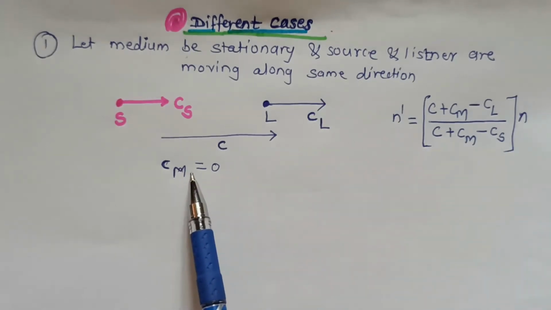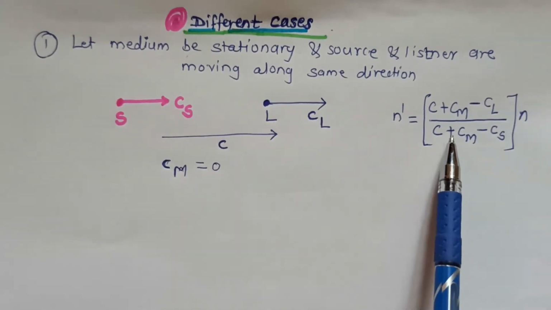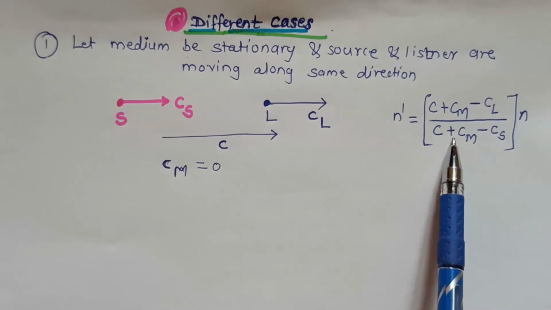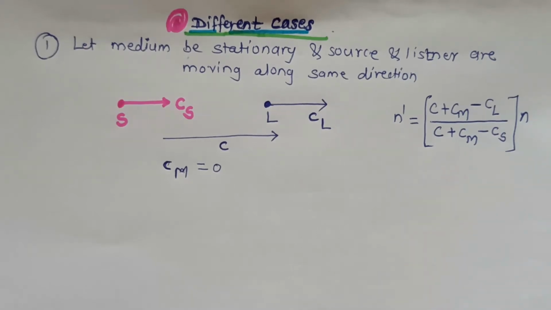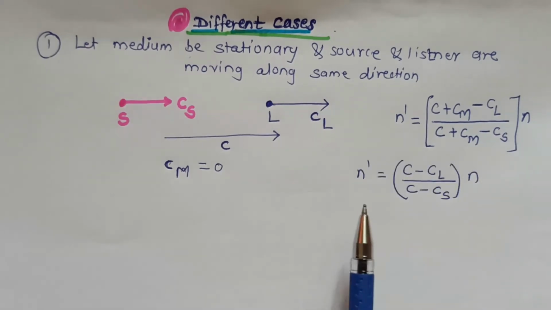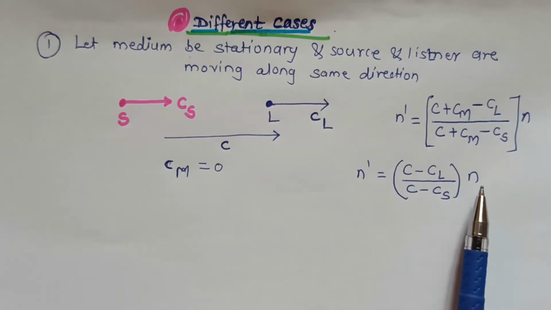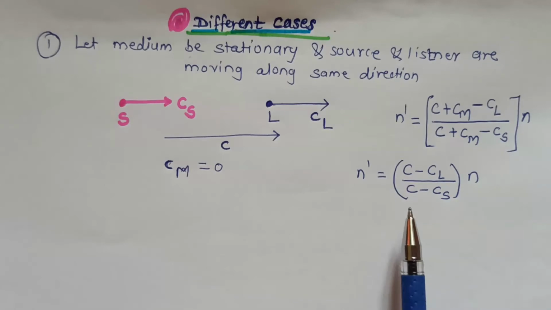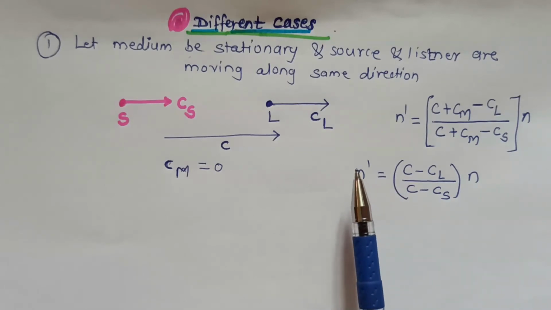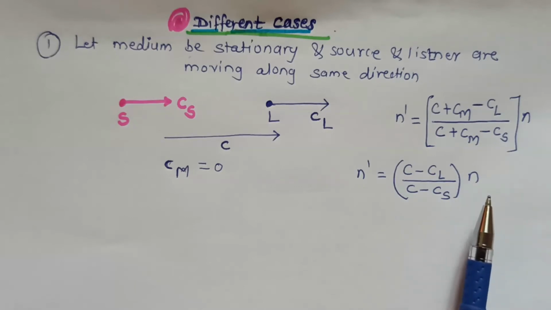Put the value of cm equal to 0 in the apparent frequency equation, then we have n dash is equal to (c minus cl) divided by (c minus cs) into n. In this equation, n dash is the apparent frequency and n is the natural frequency.